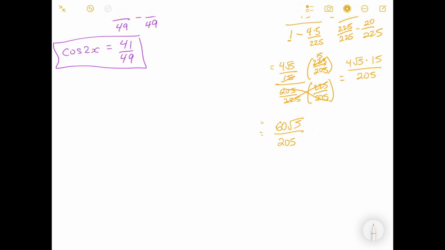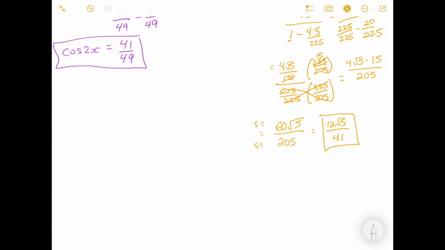So I'm going to divide the top and the bottom by 5. And I might have to do that again, but we'll see what we get. So 60 divided by 5 is 12. So I'm going to have 12 root 5 on the top. And 205 divided by 5, I'm going to get 41. 12 and 41 don't have anything else in common, so that is my final answer for the tan.